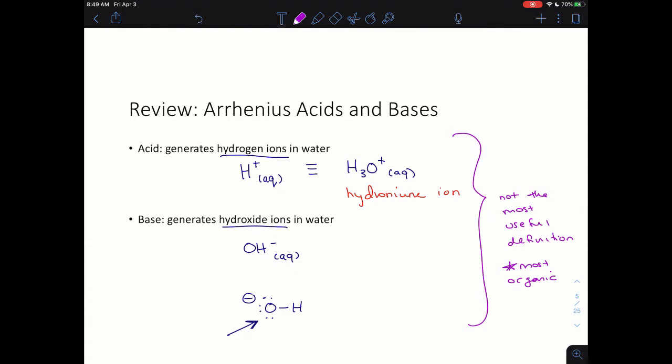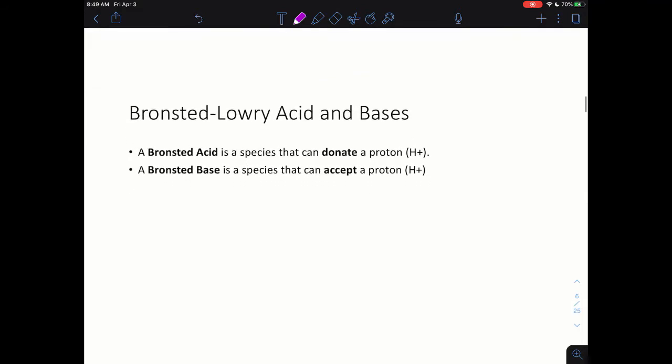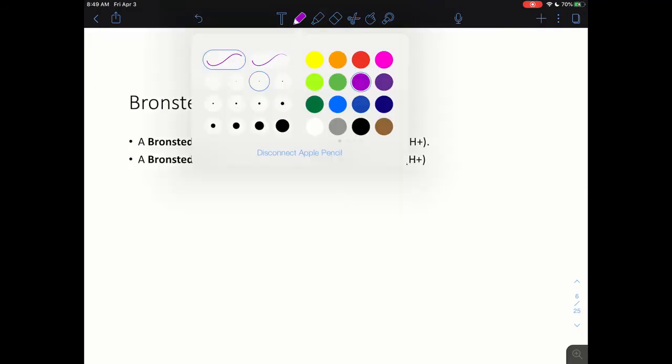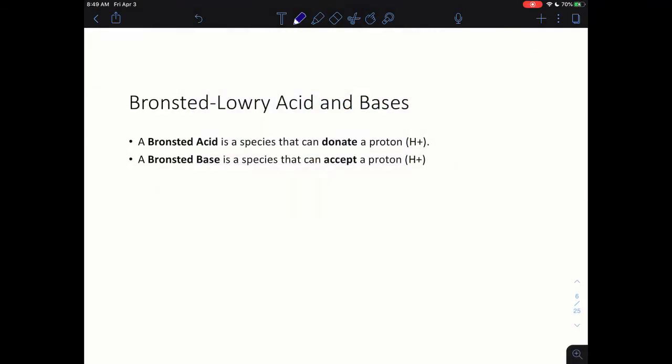So we won't be thinking as much about Arrhenius acidity and basicity. We will, however, be thinking about Bronsted-Lowry acidity and basicity. So Bronsted-Lowry acids donate protons, H+ ions, and Bronsted-Lowry bases accept protons.